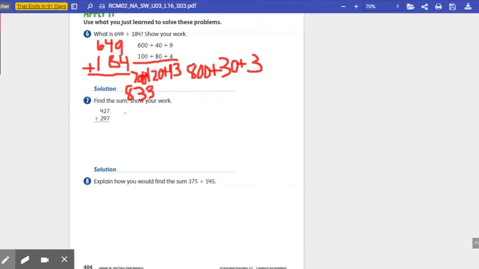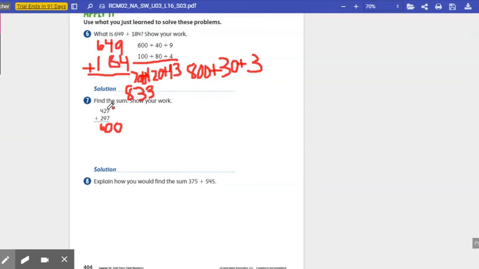For this one, I'm going to try partial sum. With partial sum, it is easier and more efficient to start with our hundreds. So let's add our hundreds. 400 plus 200 has the value of 600. It's important to make sure that you stay organized, especially when you're writing the places of your numbers and trying to combine those.